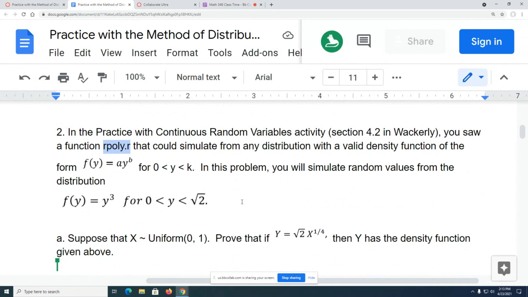The question is to prove that if y is equal to the square root of 2 times x to the 1/4, then y has the density function that we're trying to simulate from. So Kyle's starting out with a graph, good choice.